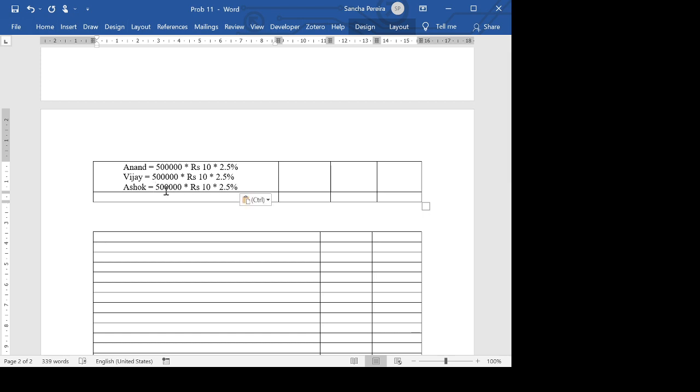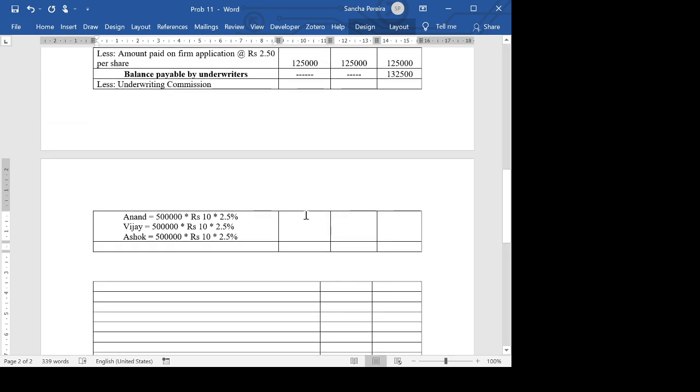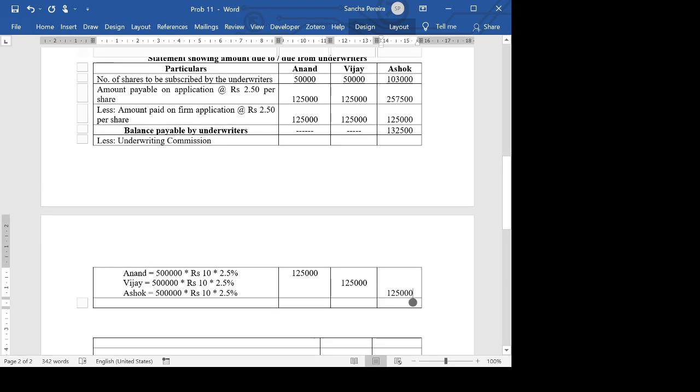So calculating that, that comes to 1,25,000. It's the same commission because their gross liability was equal. And we need to see who has to pay whom.